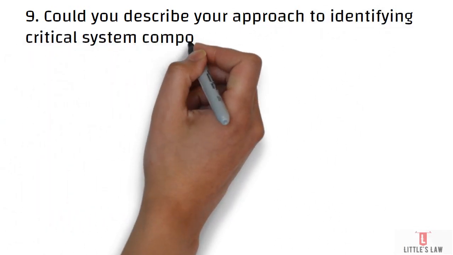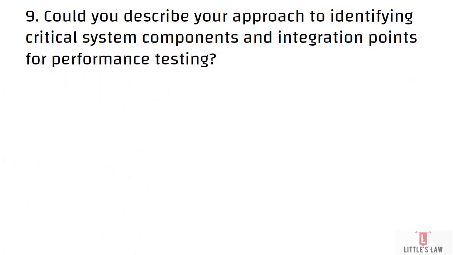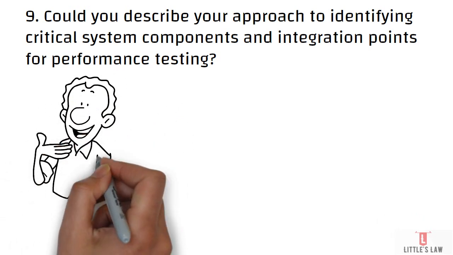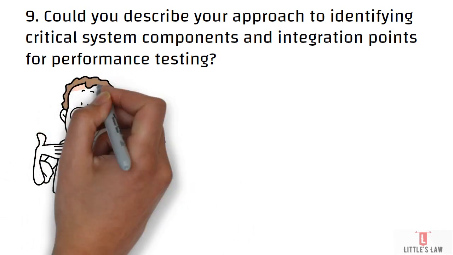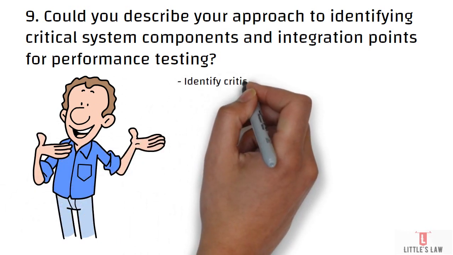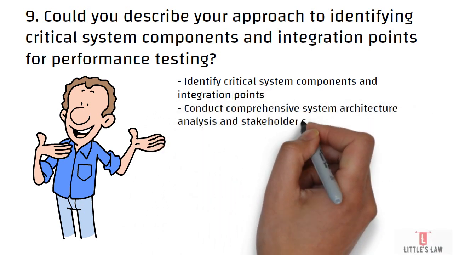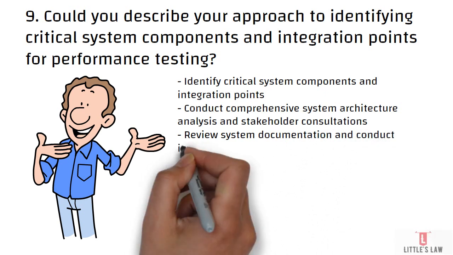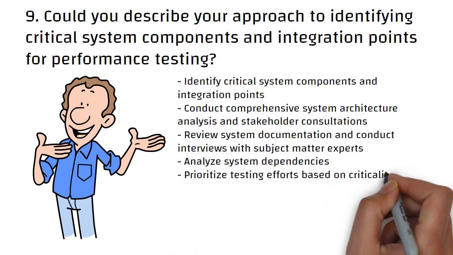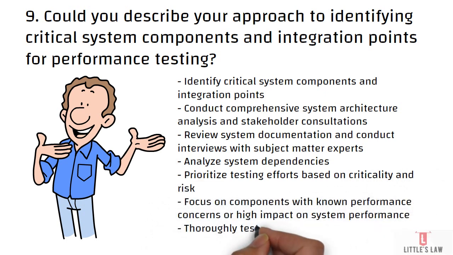Could you describe your approach to identify critical system components and integration points for performance testing? So, how will I approach it? I identify the critical system components and integration points through comprehensive system architecture analysis and stakeholder consultation. I do this regularly to identify any critical system components. This involves reviewing system documentation, conducting interviews with subject matter experts, the SMEs, and analyzing system dependencies.